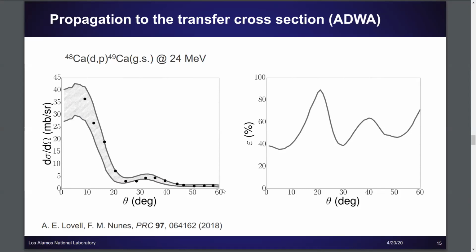At least up to 60 degrees, even though the angular pattern is a little shifted between the calculation and the data, the intervals are wide enough that we capture these differences. The data is also at a slightly different energy than the calculation, which could also account for this shift in angular distribution.